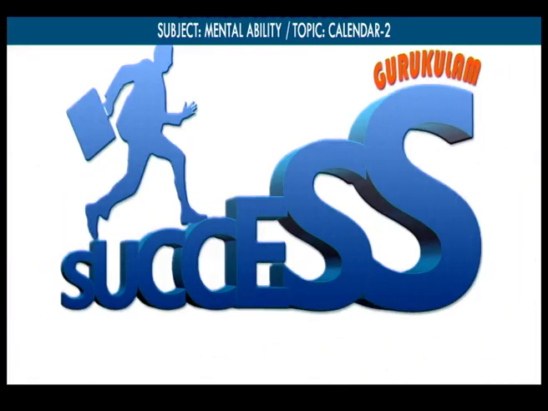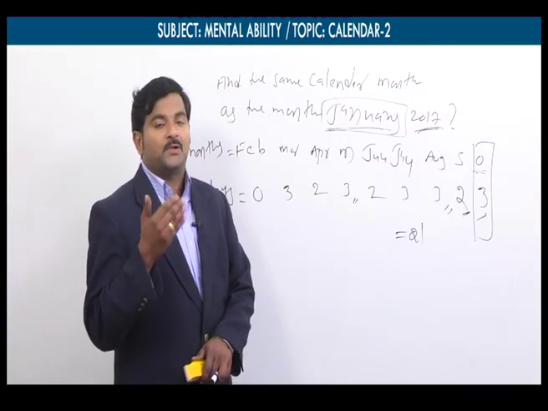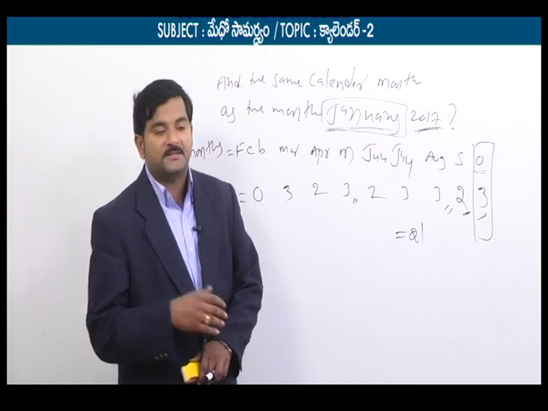Type 2 is about this: find on what dates of April 2001 Wednesday falls.